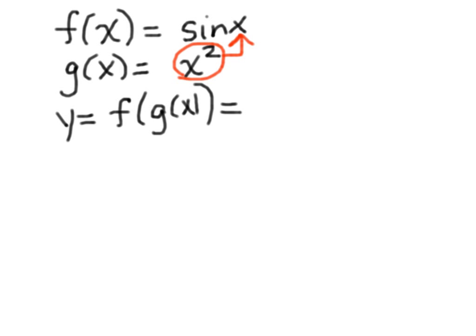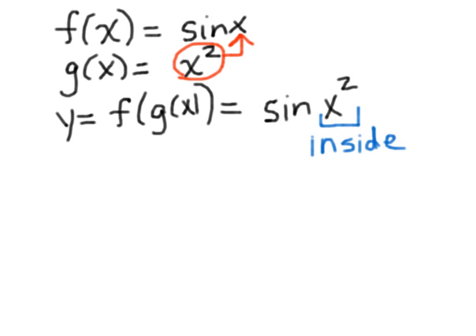So if we put x squared inside of sine of x, we'll have sine of x squared. Now in this case here, we can think of x squared as being inside and of sine of x as being outside, because the sine is completely determined by what x squared is.